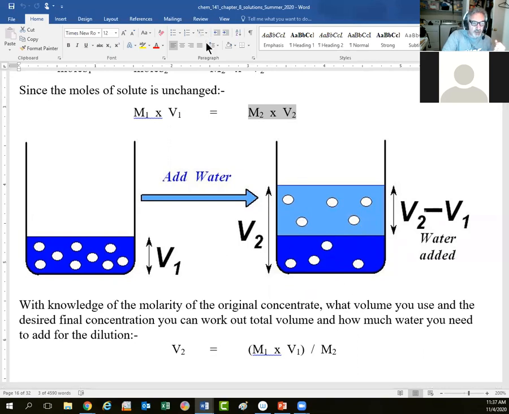The difference between the two is the amount of water, the amount of solvent which has been added. So if you're trying to work out how much water to add to dilute your chemicals, V2 is not your answer. V2 is that final total volume. V2 minus V1 is the amount of solvent you're going to add.